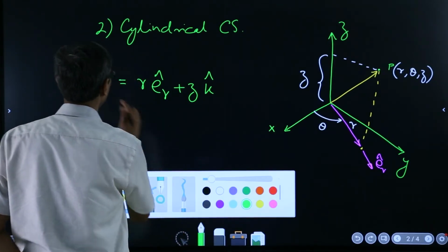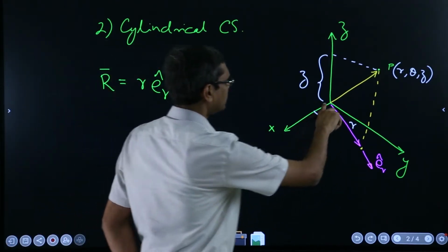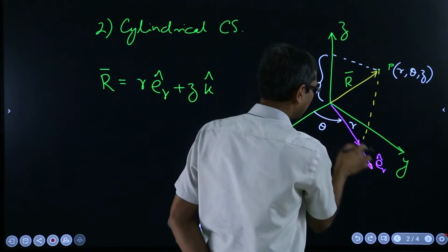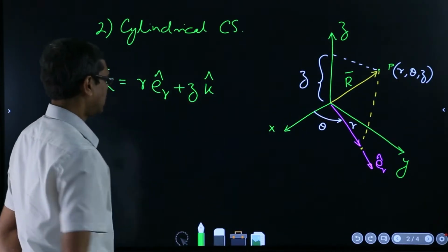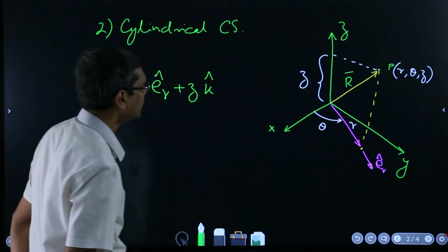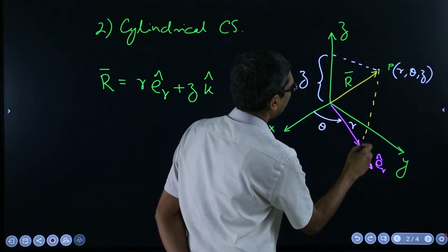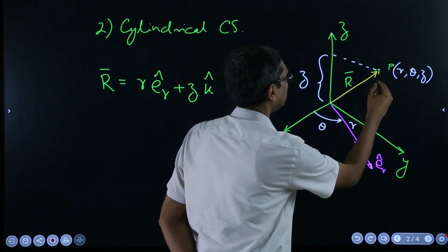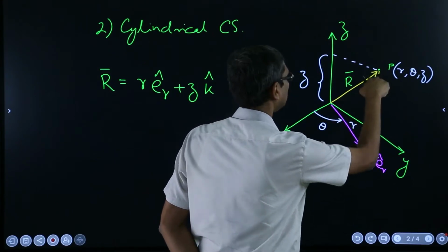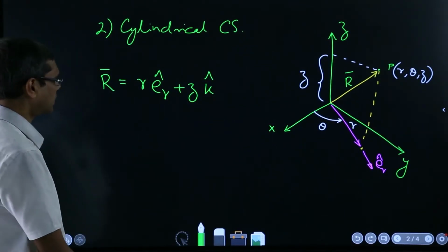So this is your R, and this will be r e_r. You see, this r e_r is this vector, which you are adding with this vector, which is nothing but z k, and so this is the vector addition of those two. So that is how you will represent this one.